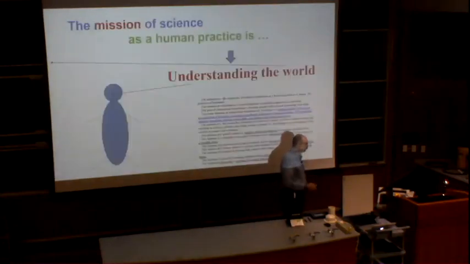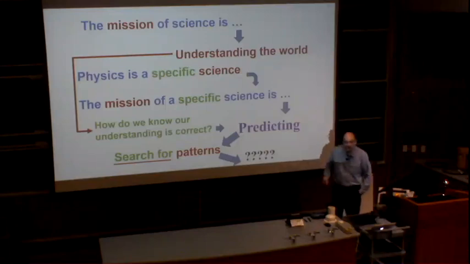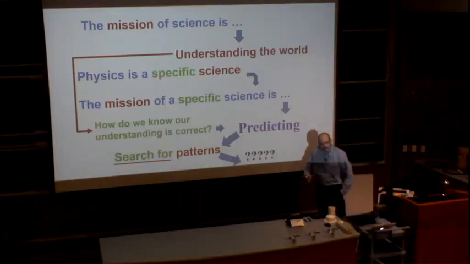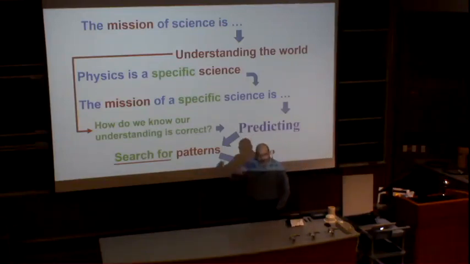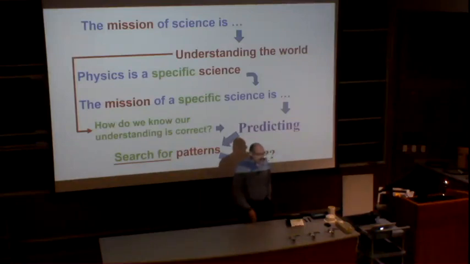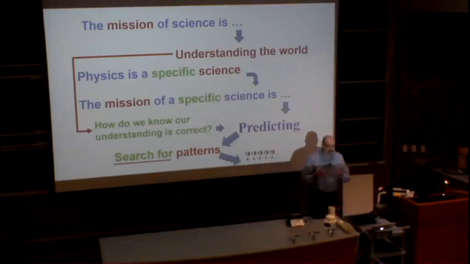So in one word, the mission of every specific science is making reliable predictions. And then we use those predictions for everything you said, absolutely right. In physics, we have to make reliable predictions about physical phenomena, in chemistry, chemical phenomena, and so on.